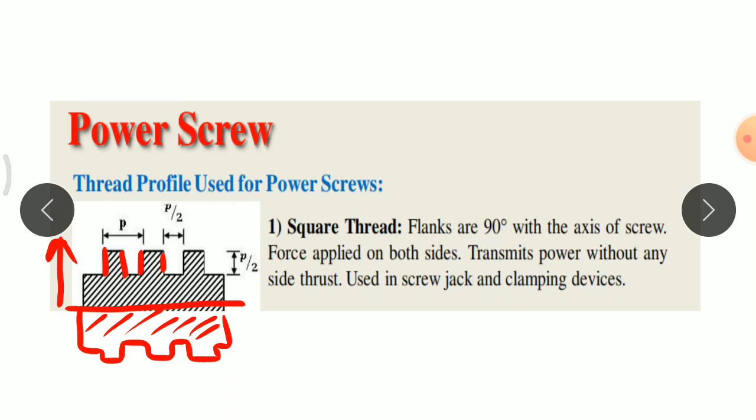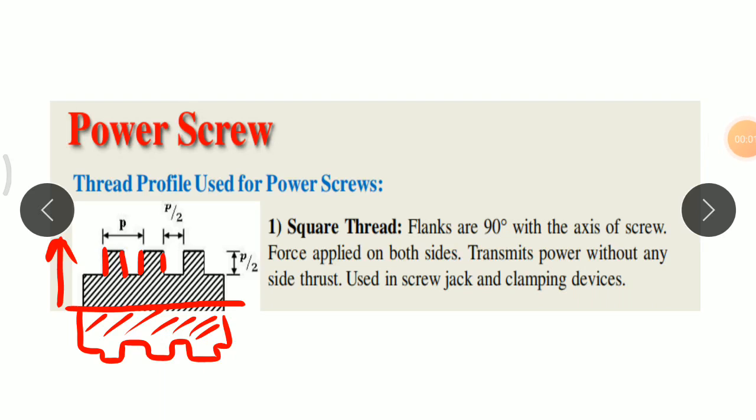These threads are more efficient, so we use this thread for power transmission. This thread is adapted for transmission of power in either direction. Here we have right and left hand in both directions, and it is difficult to make with taps and dies only. It is usually cut on a lathe machine by using a single point tool.